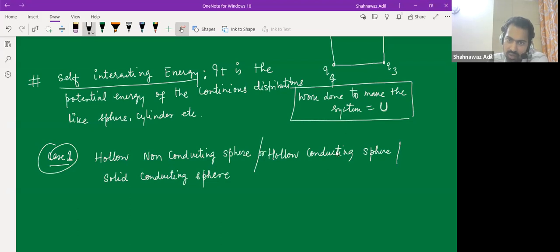These are the three kinds of sphere we have.